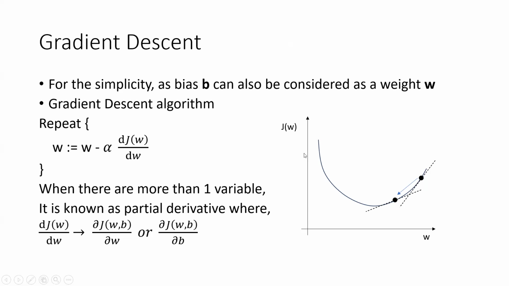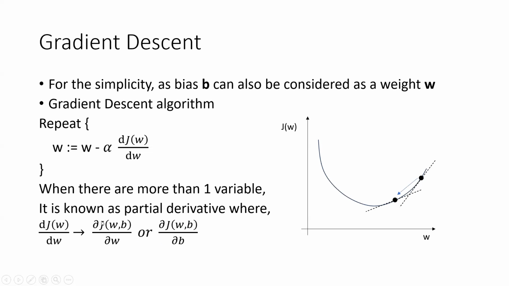In this case, we have considered W as the only parameter, but there can be more than one variable, for example W and B. So dJ/dW can become ∂J/∂W because there are more than one parameter. So it would be ∂J(W,B)/∂W or ∂J(W,B)/∂B.